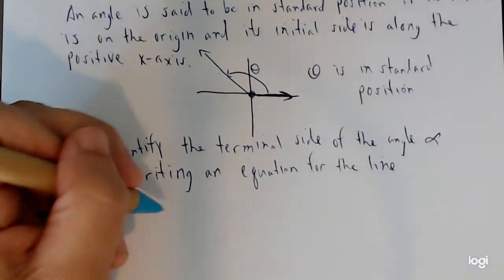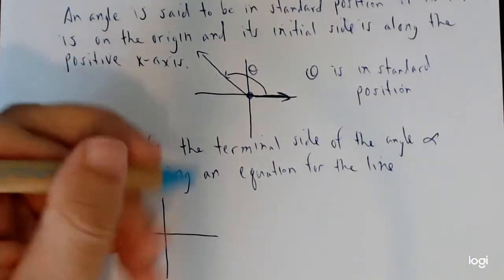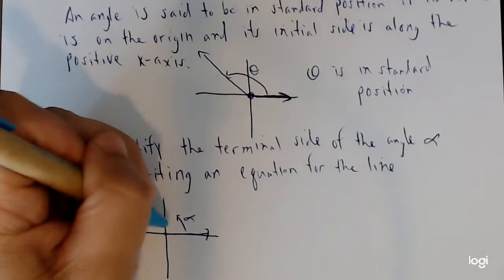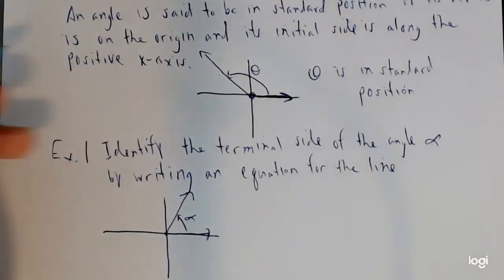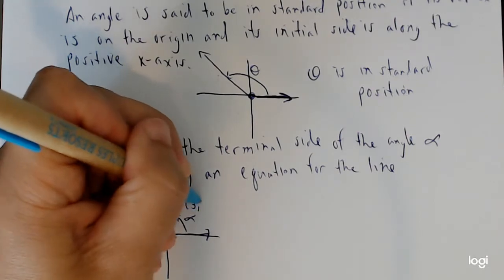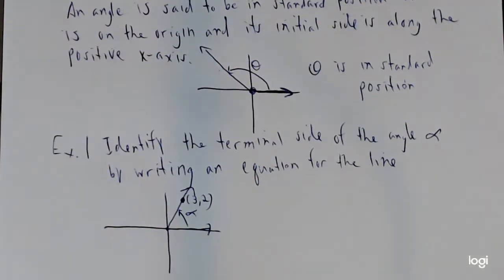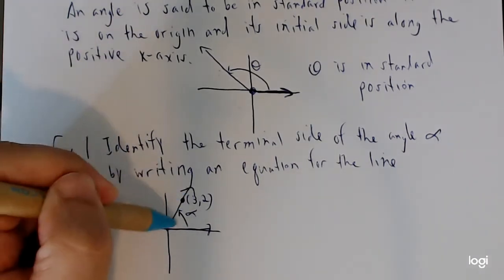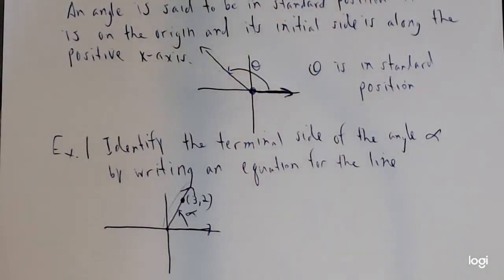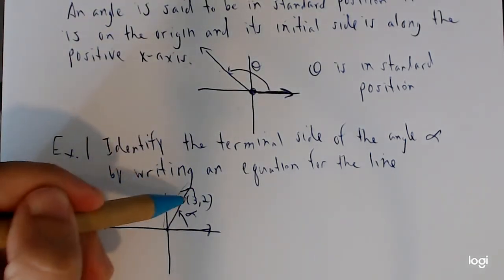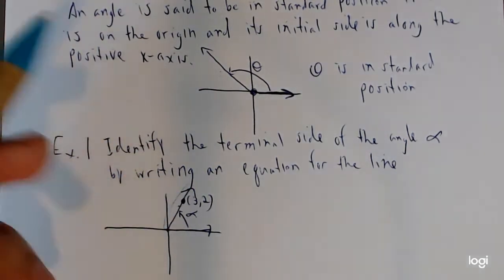Let's start by drawing this out. This is alpha, there's my terminal side, and this point has coordinates (3, 2). This example is asking us to find the equation of that line that goes through the origin, or the equation of this terminal side.